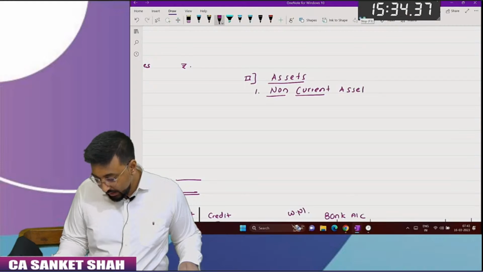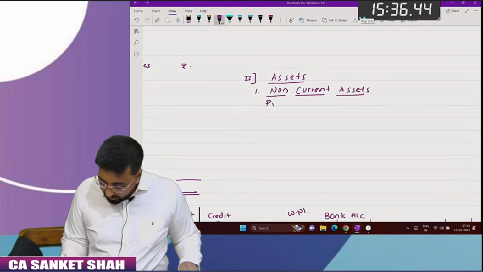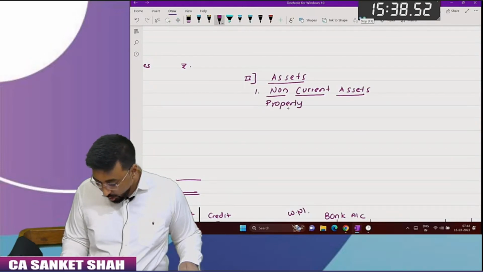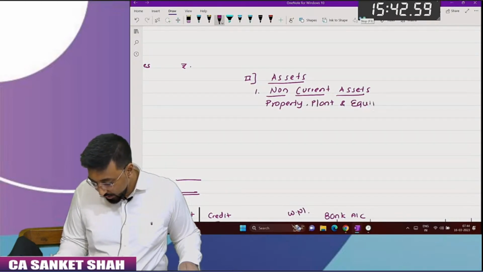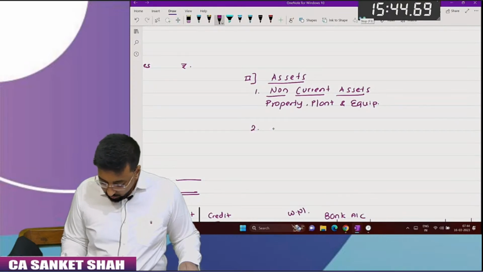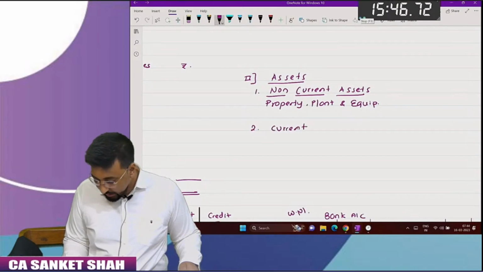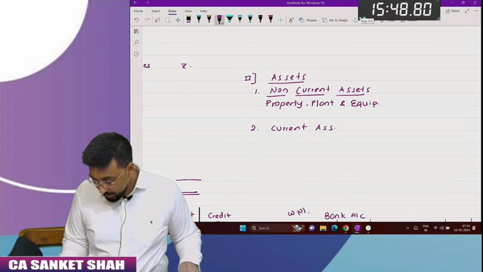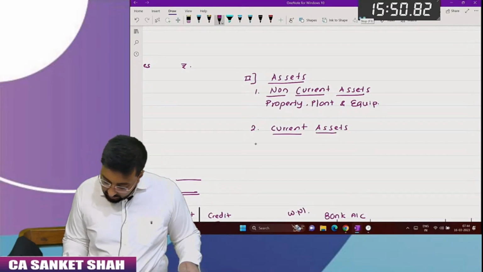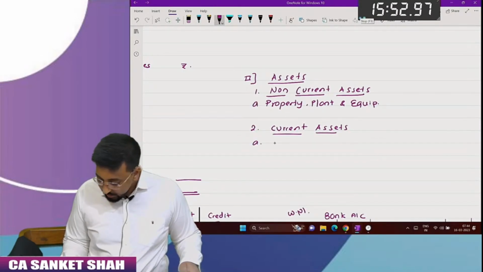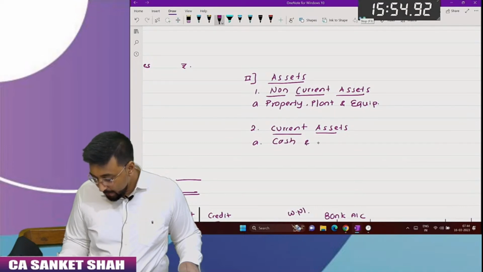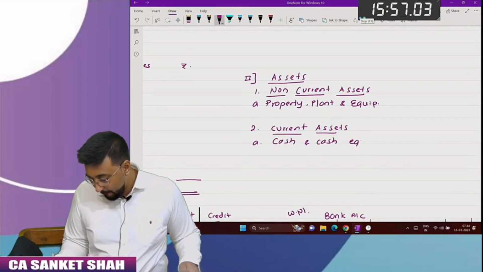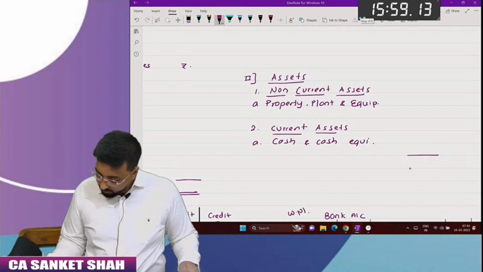Under that, PPE, property, plant and equipment. Two, current asset. Under that, cash and cash equivalent. Total.